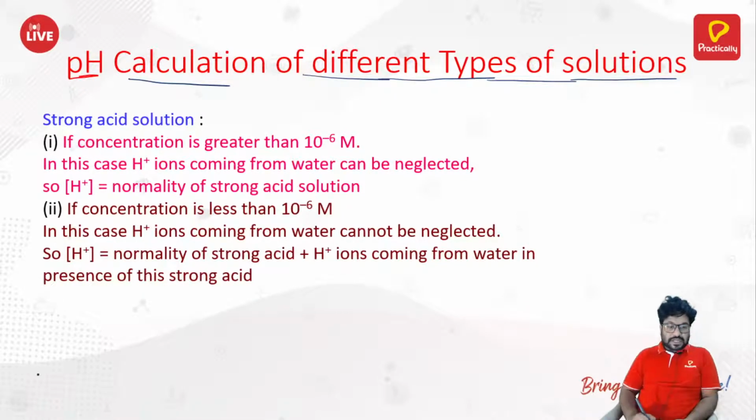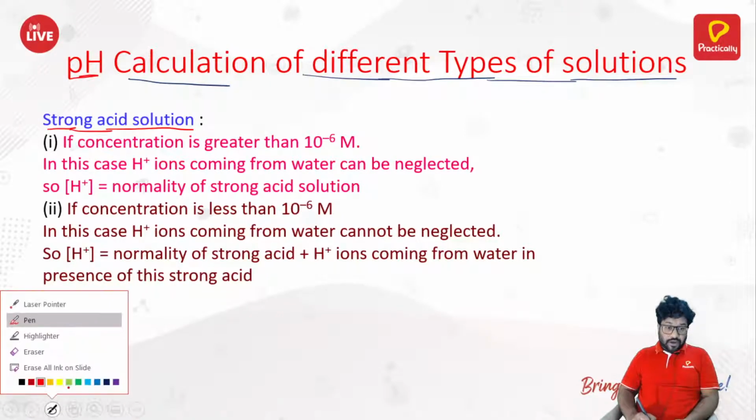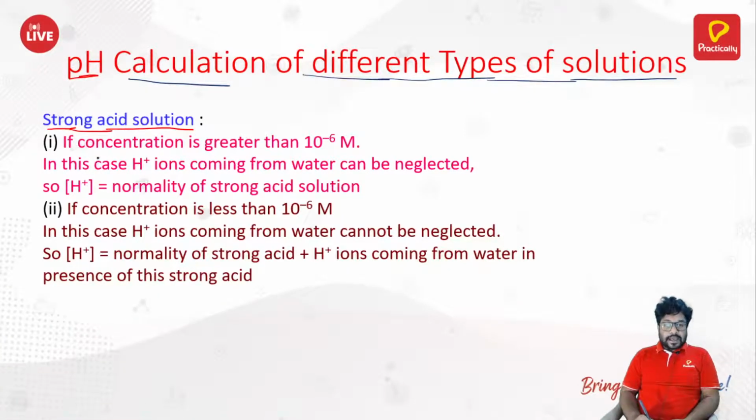Firstly, strong acid solution. What will happen? How do you find out the pH for a very strong acid solution? Whatever acid you have taken, maybe HCl, HNO3, or H2SO4, it must have some concentration.